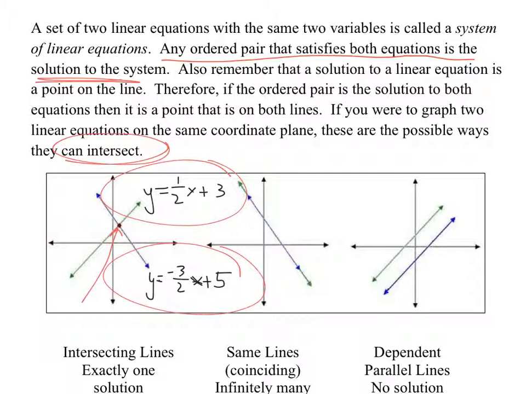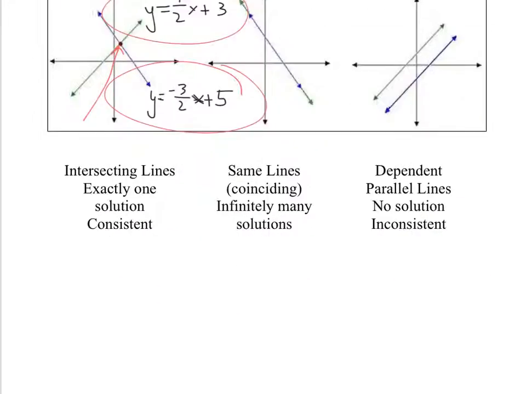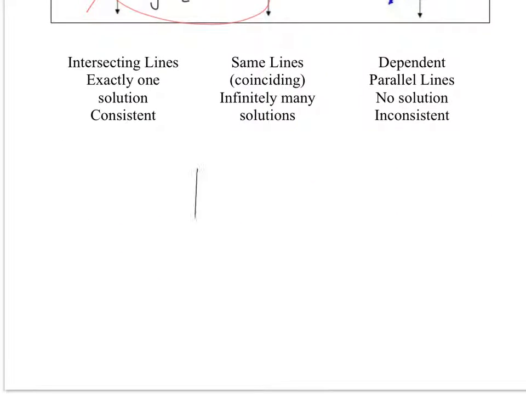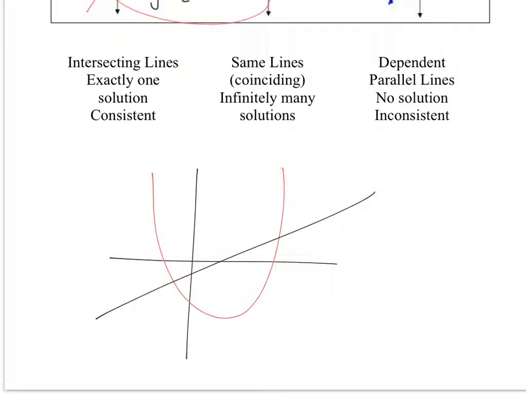Let's extrapolate this idea. We're not going to do this in this section specifically, we're going to do this later in the year, but if I have a parabola and a linear function, how many solutions do I have now? Two. Well, what if that linear function instead looks like this? Now how many solutions?